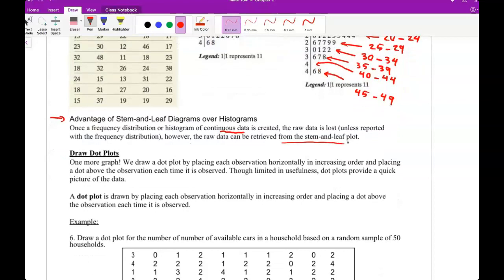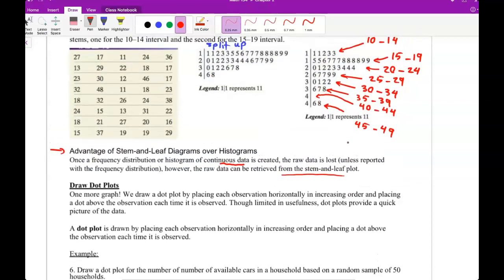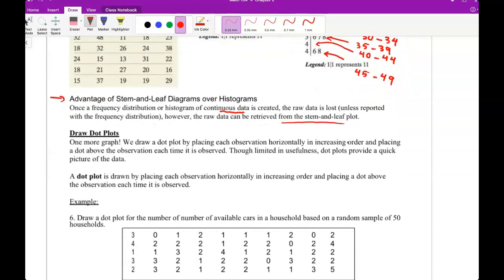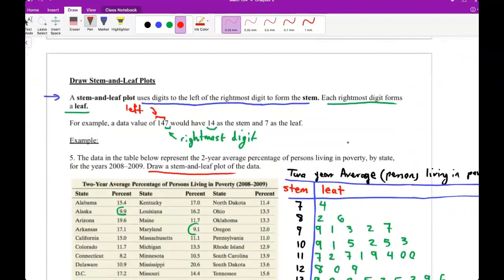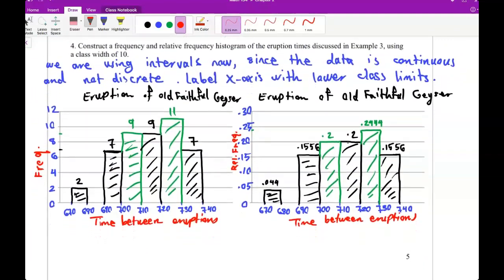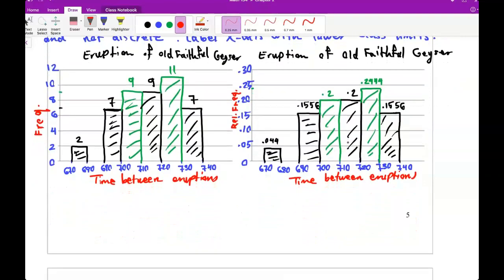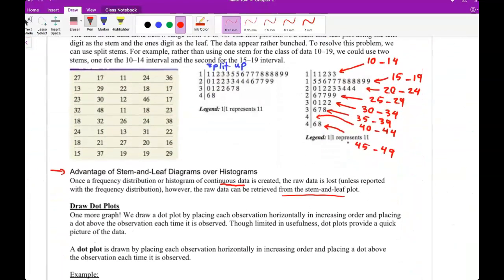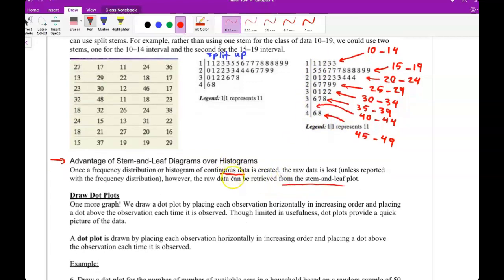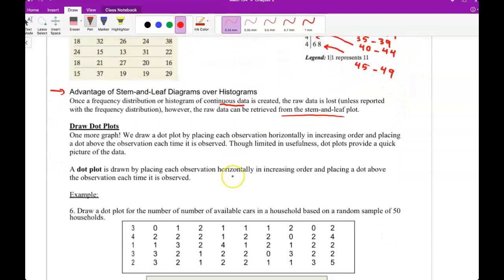That is the advantage of using stem and leaf diagrams over histograms. So we finished that part related to stem and leaf. For this part, you can see all the data that you have here.